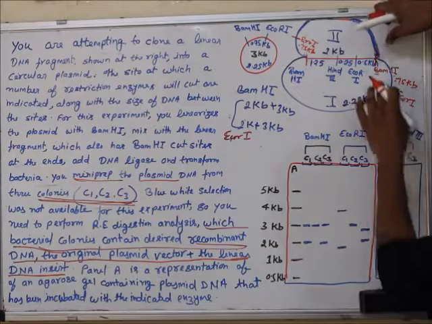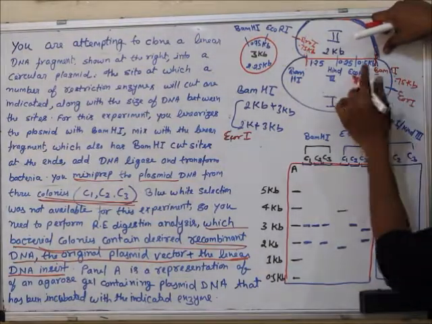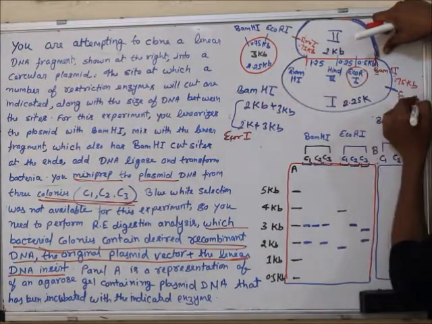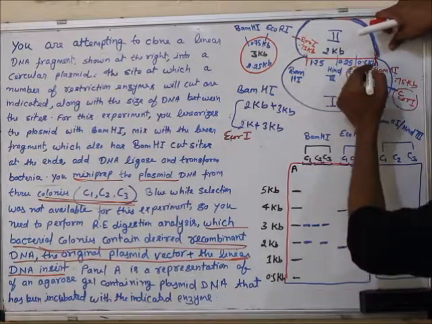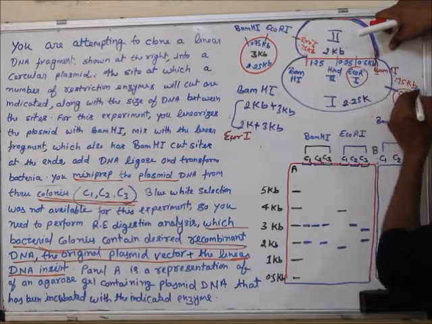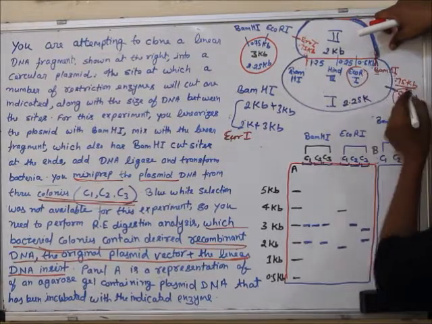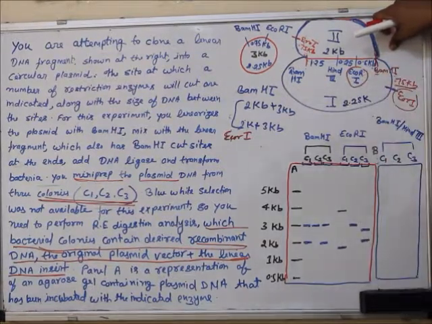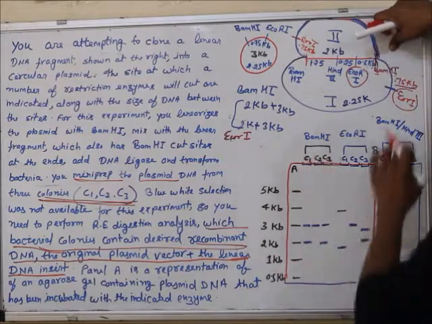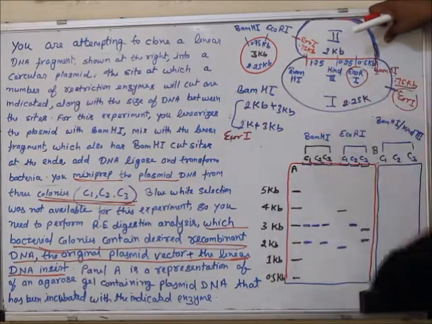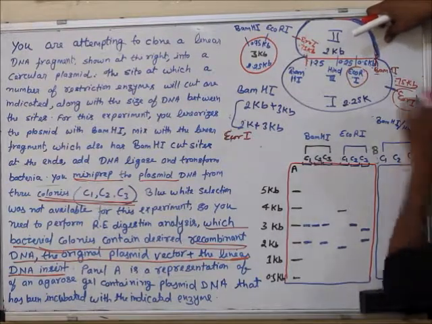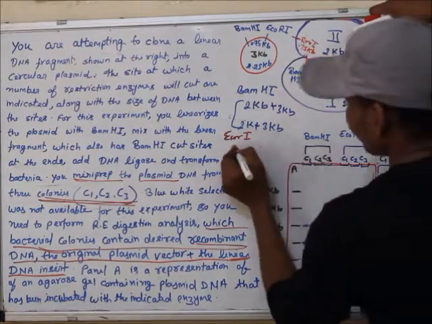In the first orientation there are EcoRI sites, so the lengths are 0.5 kb and 0.75 kb. If you add them, the length is 1.25 kb.